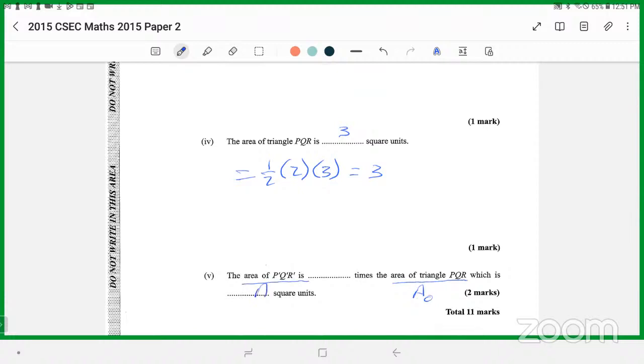What's the relationship between the area of the image and the area of the object? Who remembers? The scale factor or something, right? Mathematics is an exact science, the more precise the answer, the better. What's the relationship between area of the image and the area of the object in an enlargement?